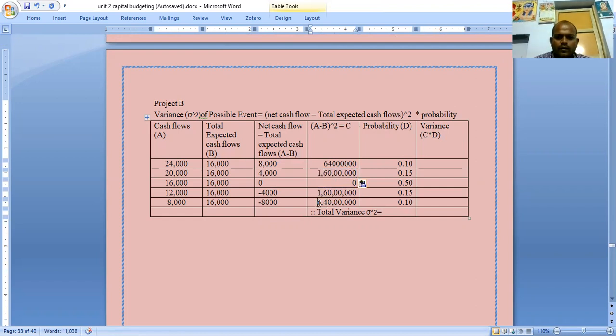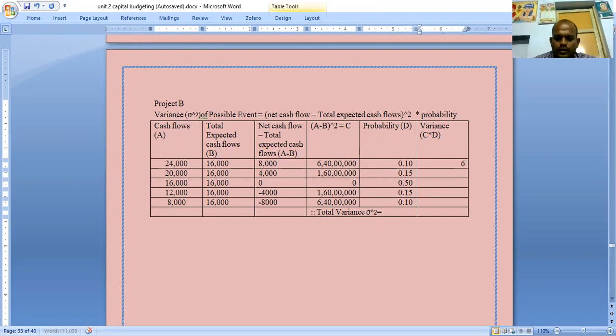These are the values, and we have to multiply with the probabilities.